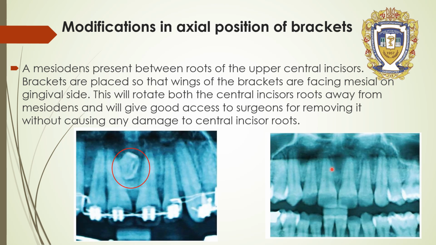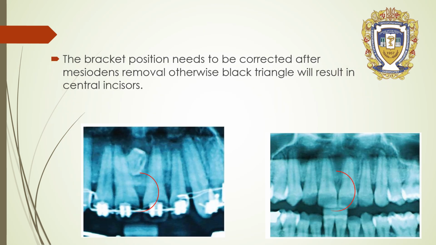And as a result of treatment, central incisors have got correct position. The bracket position needs to be corrected after mesiodens removal, otherwise black triangle will result in central incisors.